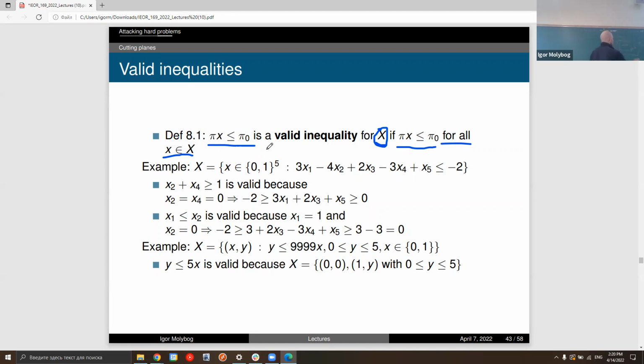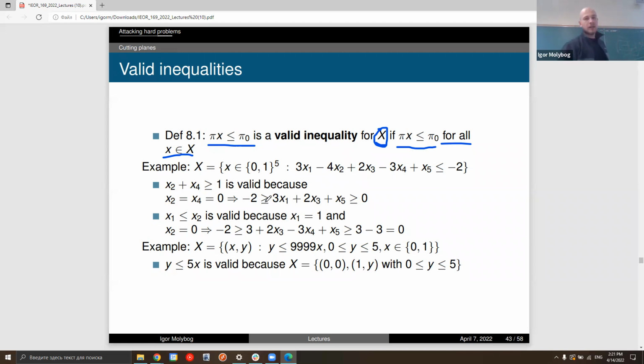Any hyperplane that cuts off can cut off some part of P, or it might not cut off any part of P. It's just a valid inequality, and everything on one side of it includes the set X itself, and therefore it includes the set P star. If this hyperplane is such that all of the elements of X belong to the set defined by the inequality, then we call it a valid inequality, right?